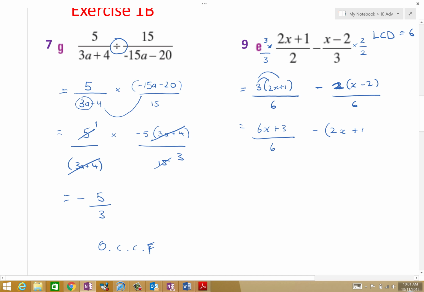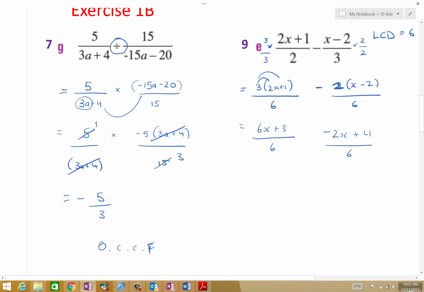So I'm going to say that is negative 2x, positive 4, you could do that over 6, because a negative times a negative is a positive. So you could do it like that, or we could say negative 2x plus 4 over 6. Probably best to do it that way.